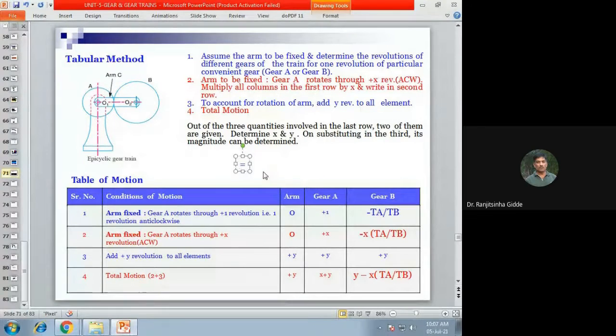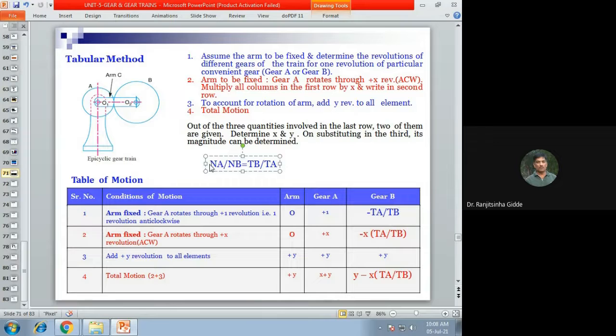So we know train value is equal to NA upon NB is equal to TB upon TA. Now our aim is to find out speed of this gear B.